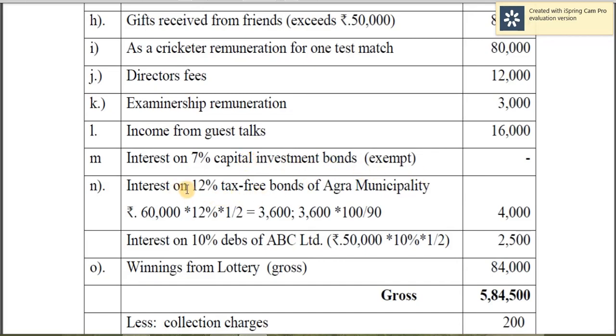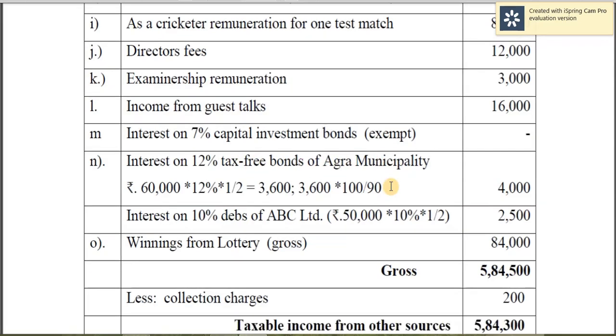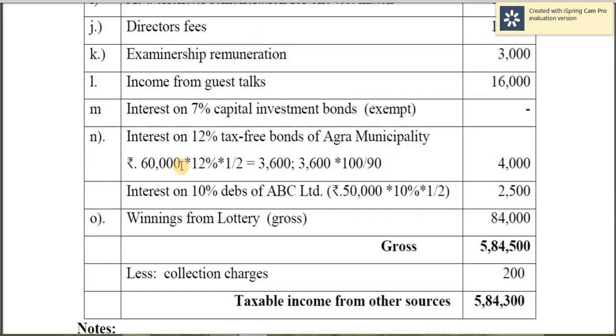The next, interest on 12% tax-free bonds of Agra municipality. So first you have to calculate the amount by applying the rate, and that has to be calculated for half the year. And then that should be grossed up. Already I explained it earlier. Interest on 10% debentures of ABC Limited, less tax commercial security, and you have to apply the rate.